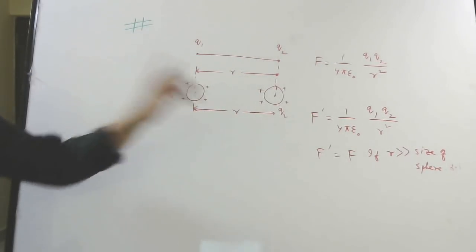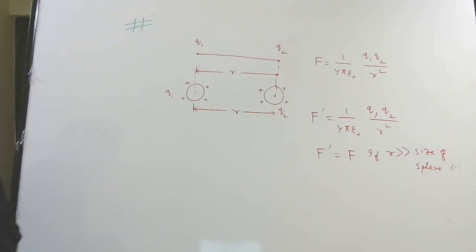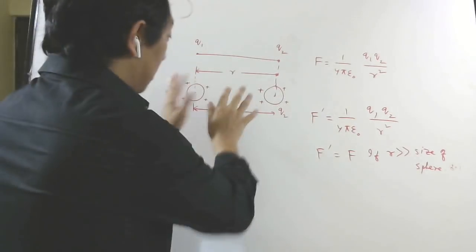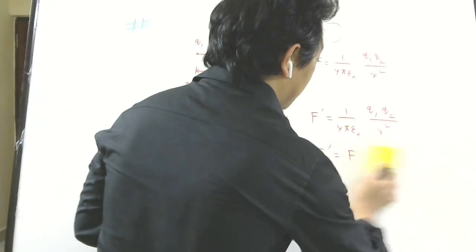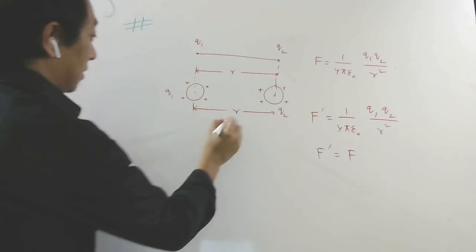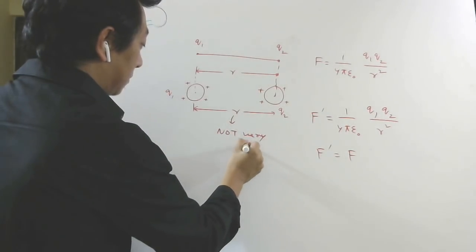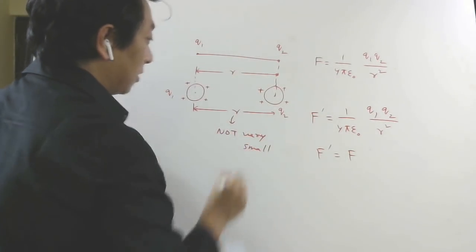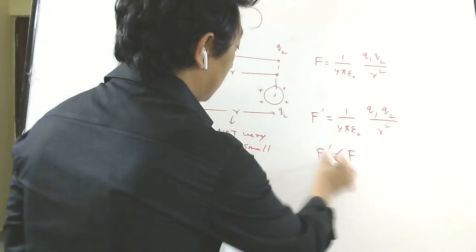Then they will also act like point charges, and the answer will be the same. But I am telling you in this problem that r is not very large. Then I will show you now that this F dash is not equal to F.